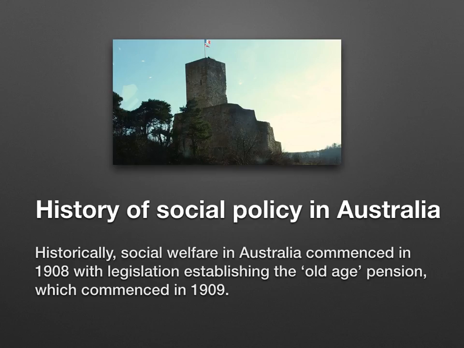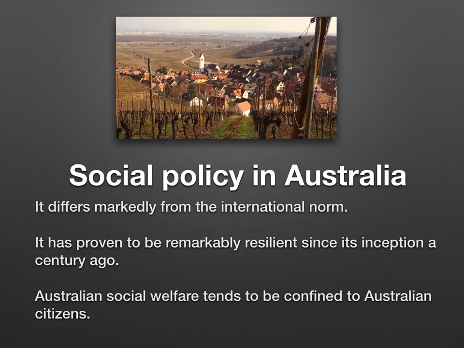I want to look a little at the history of social policy in Australia. Historically, social welfare commenced in 1908 with legislation establishing the old age pension, and that's pretty interesting to me. That's fairly forward thinking for a small country. Eight years out from federation, and they've established the old age pension and are paying it in 1909.